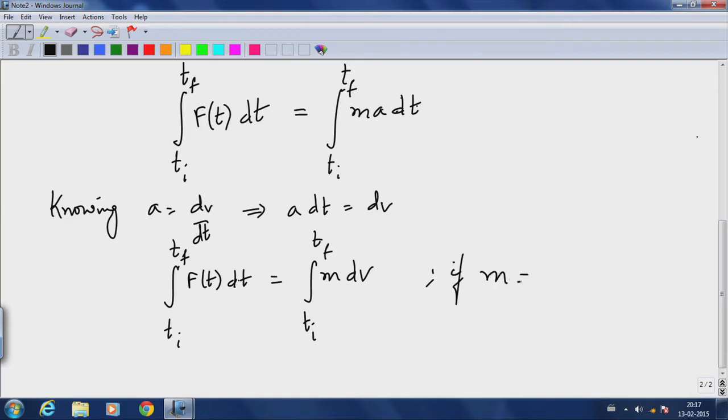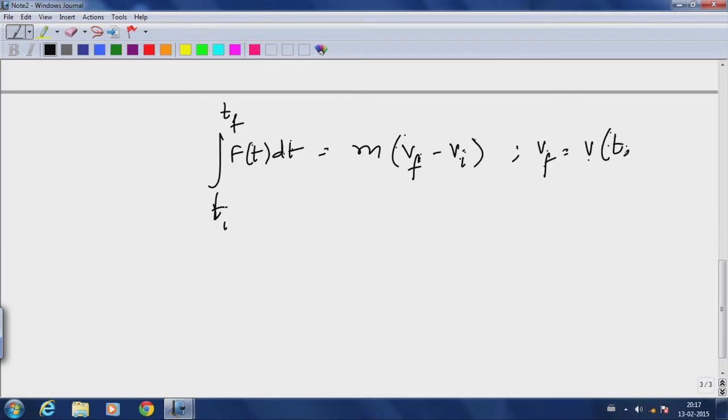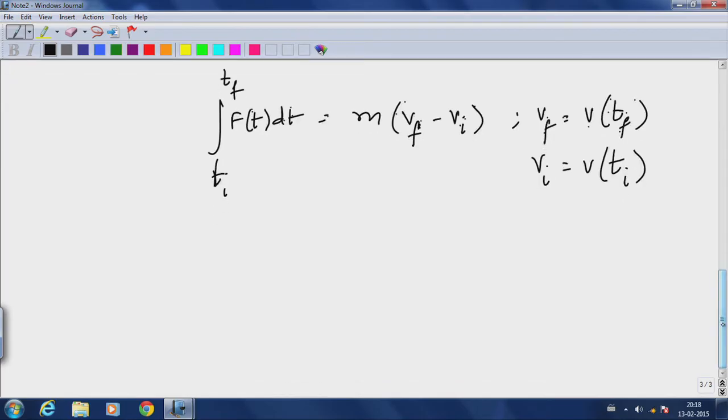If m is constant, this means the integral from ti to tf of F of t dt equals m times (vf minus vi). vf is simply the velocity at some time tf, and vi is velocity at some time ti.